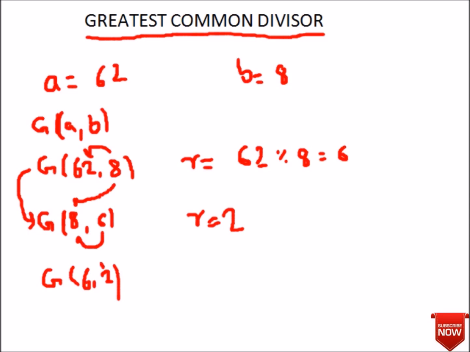Once again we will check the divisibility, and in this step the remainder is equal to 0. So we have satisfied the first condition of Euclid's algorithm to find the greatest common divisor. So our result will be B, that is 2. So the greatest common divisor of 62 and 8 is 2.